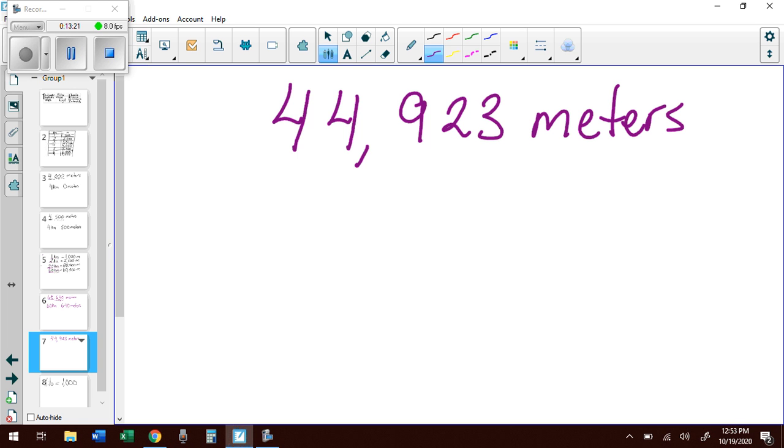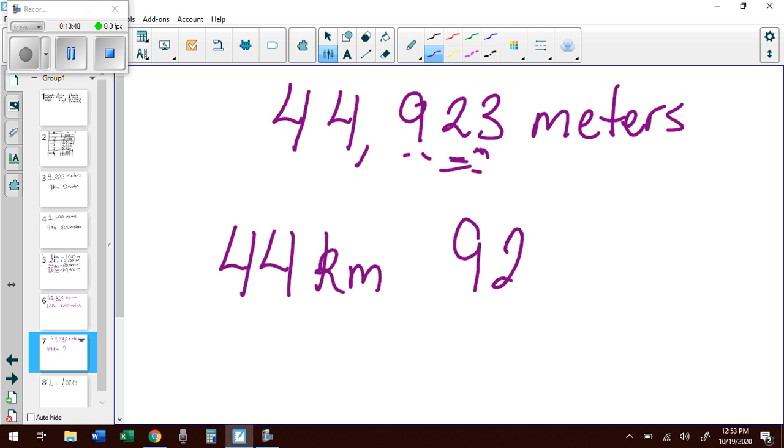We're going to screech when we say 1,000. 44,000. There is our kilometers. 44,000 meters. And how many leftovers? 923 meters.